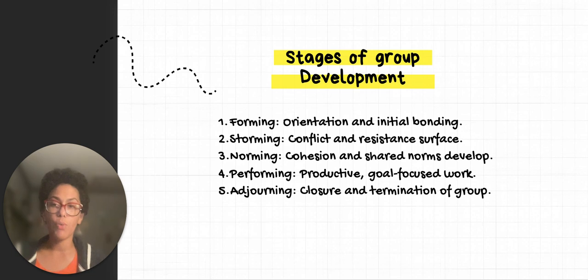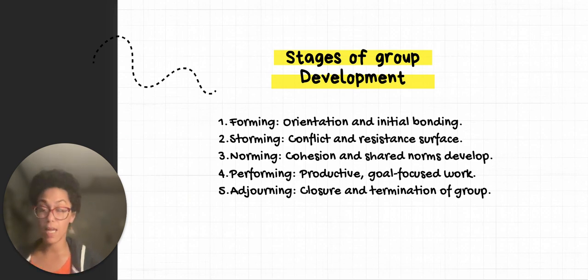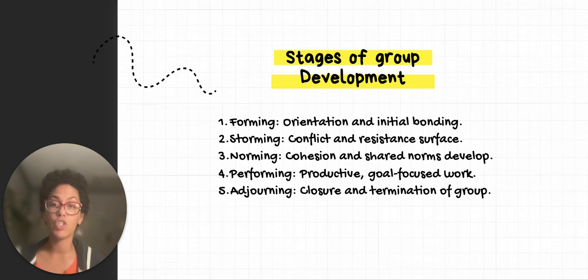So, whenever we are looking at that, a key feature of group work is that it's not static, but rather it's fluid and consistently in motion as it progresses through the different stages of development. So these stages typically include the forming stage, the storming stage, norming, and then performing, and finally adjourning.